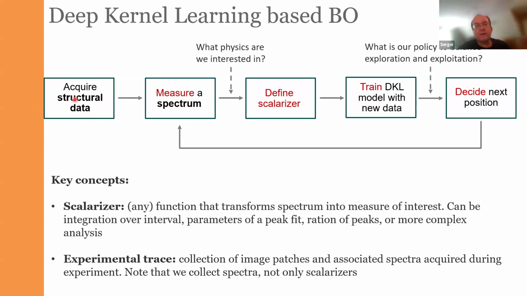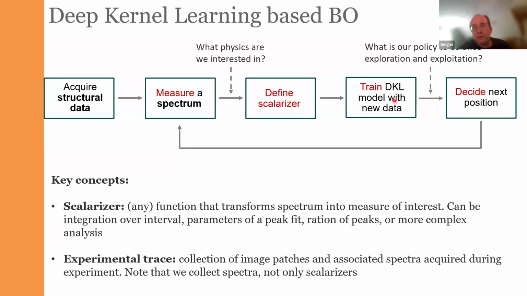Molecular discovery and process optimization just have complex objects that don't have a specific location. Then we measure a spectrum and define a scalarizer. This part is equivalent to taking a physical measurement and then telling what it is that we're interested in. This is where we form our reward function.